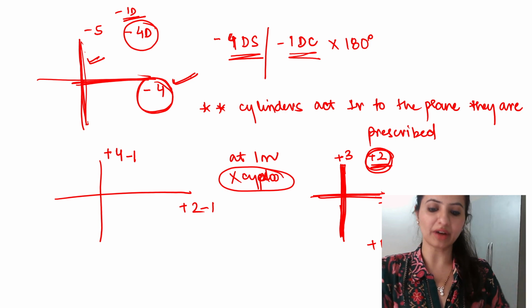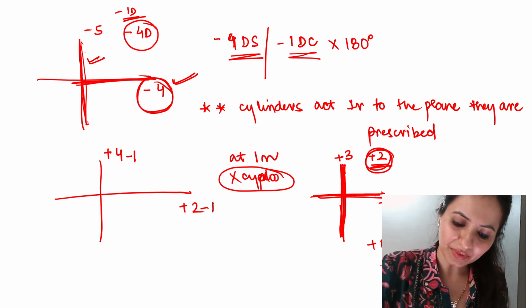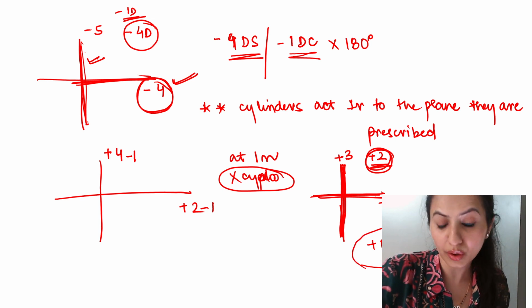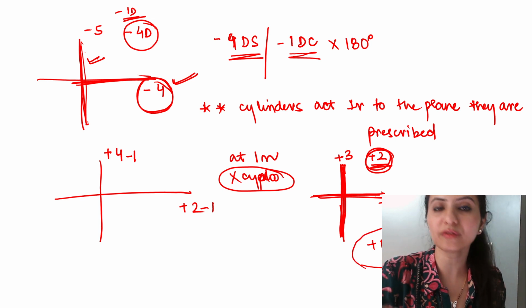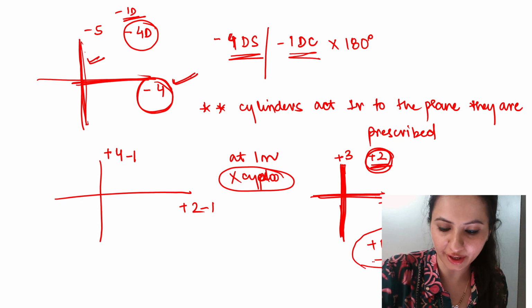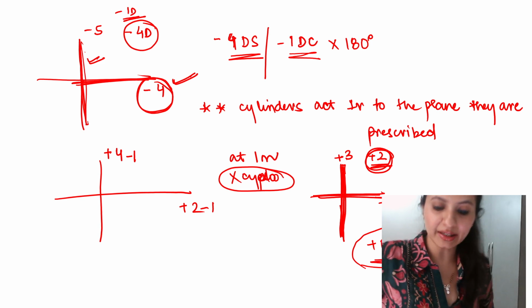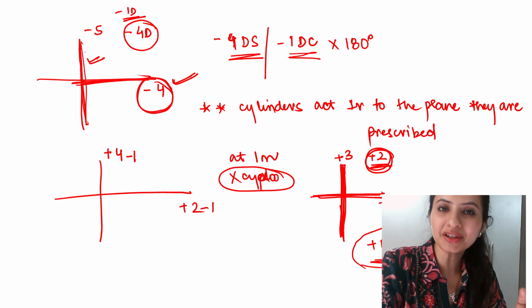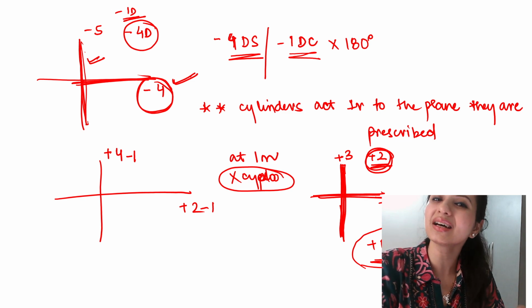So I hope you have understood this. See, if we look at these glasses, the power of cylinder is more than that of sphere, right? Since the power of cylinder is more, we all know that having a high cylindrical power is a bit uncomfortable for the patient, right?